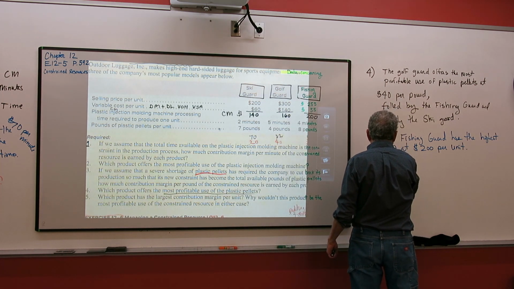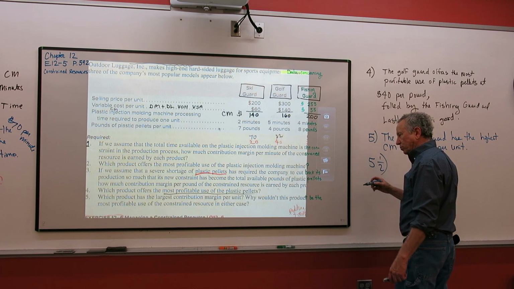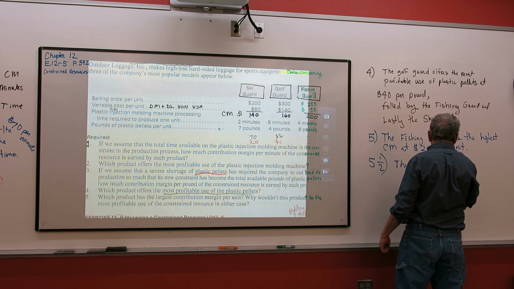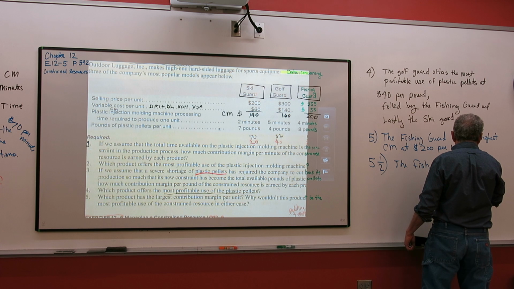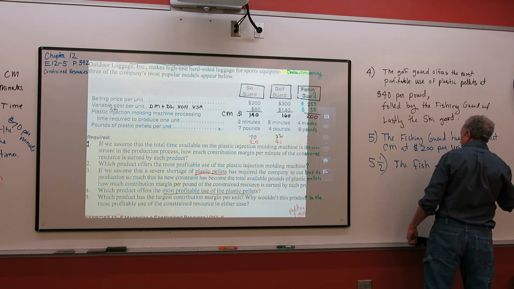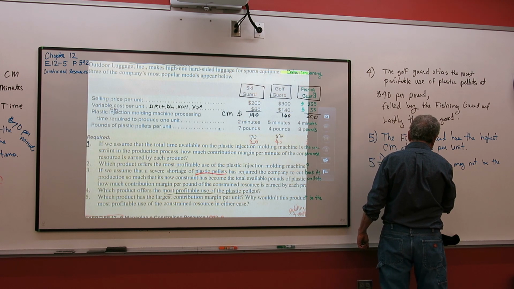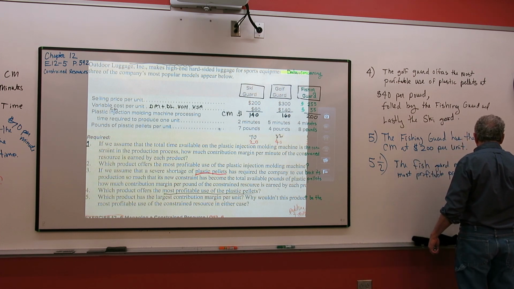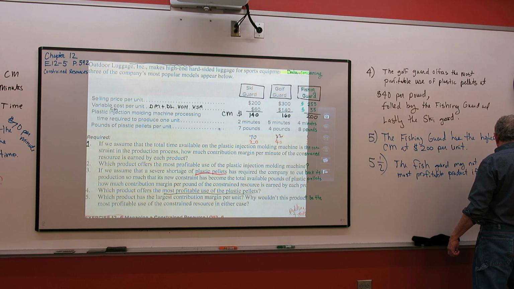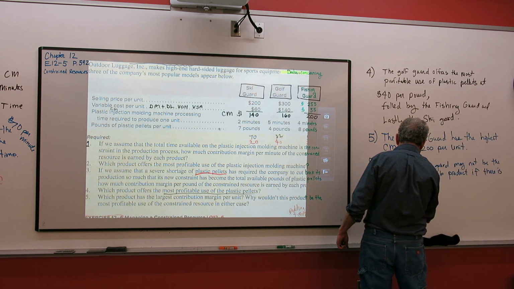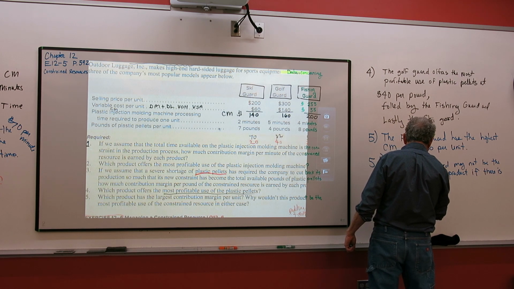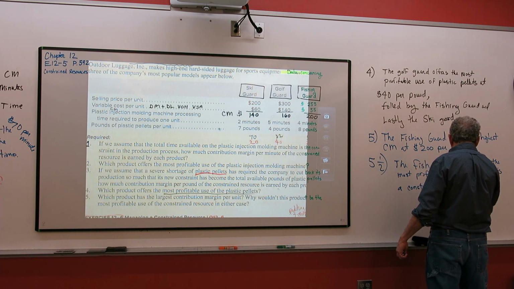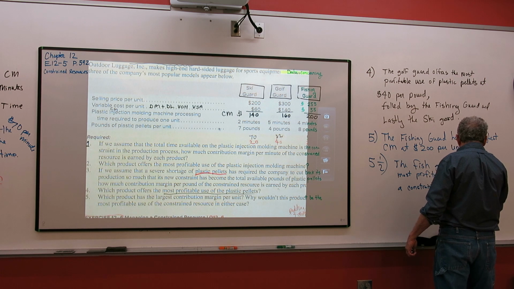I'd say this is 5.5, and I'd say the fishing guard may not be the most profitable product if there is a constraint on any input.